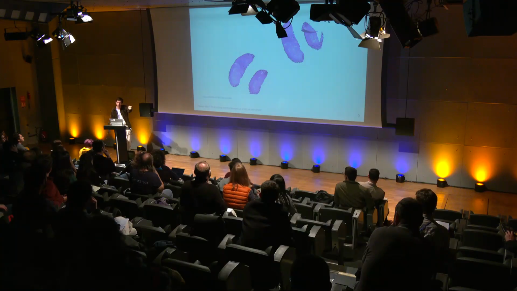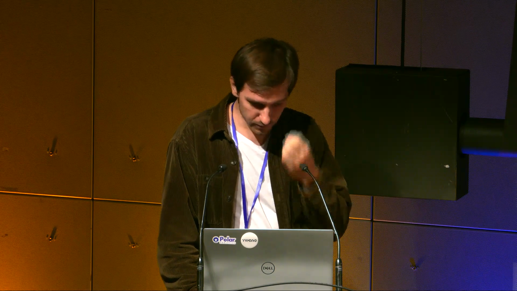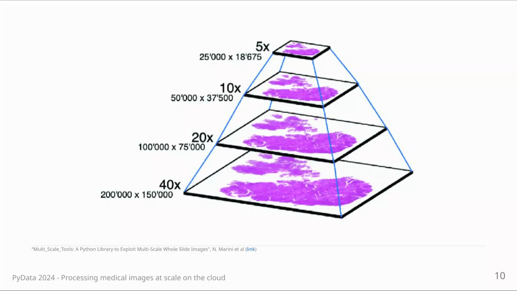We talk about MPP. MPP is micrometers per pixel. So the more zoomed in you are, the lower the MPP, right? It's only a few micrometers per pixel. This doesn't suit all usages because it is a very zoomed in image. And so to be able to, for instance, just have a look at the general image, you would need downsampled images.